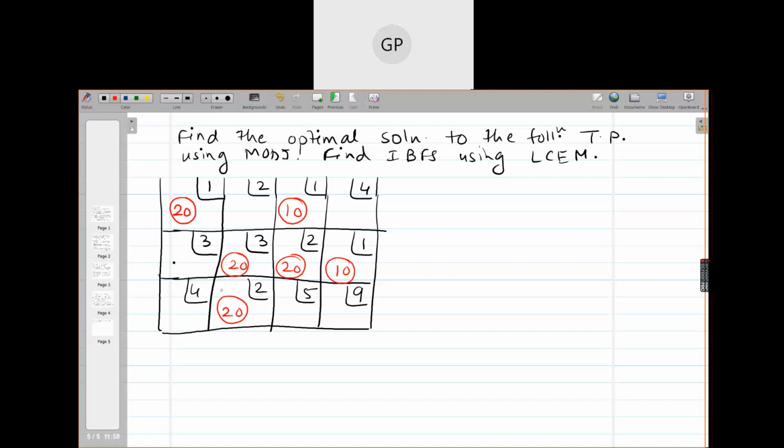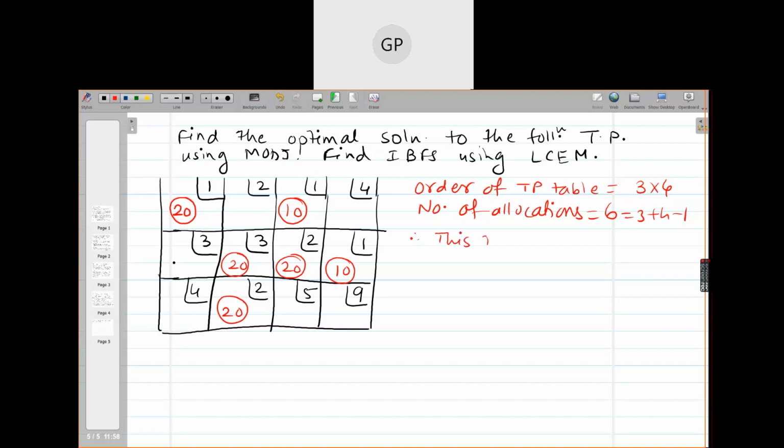Is this a non-degenerate IBFS? Yes, ma'am, it has allocations. It's 3 cross 4, and number of allocations is equal to 6. That is equal to 3 plus 4 minus 1.